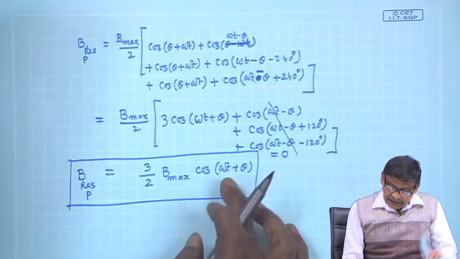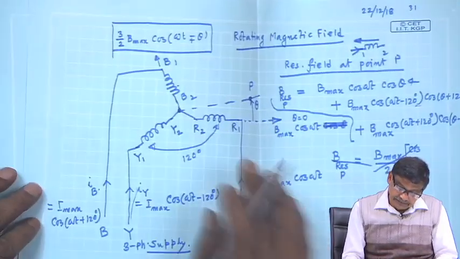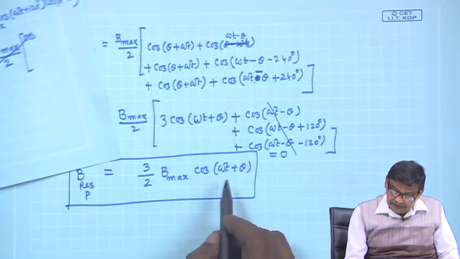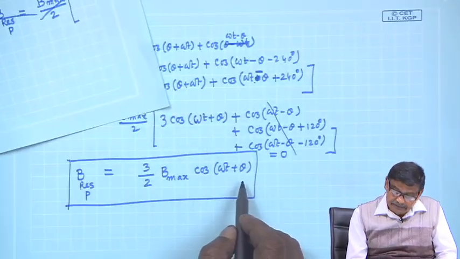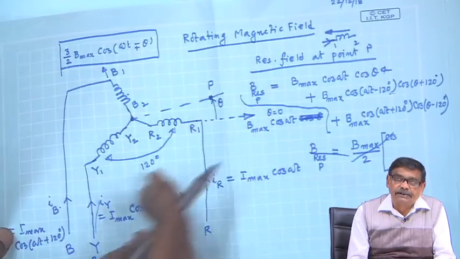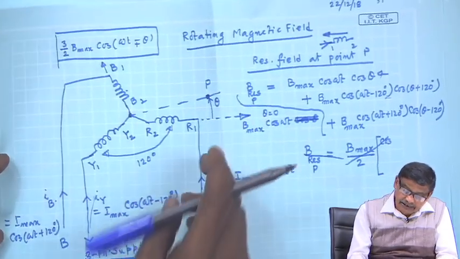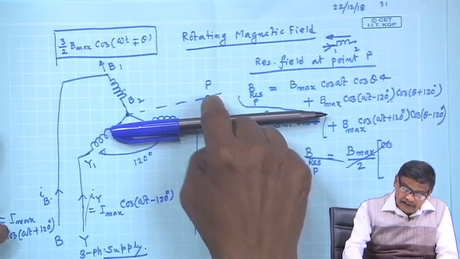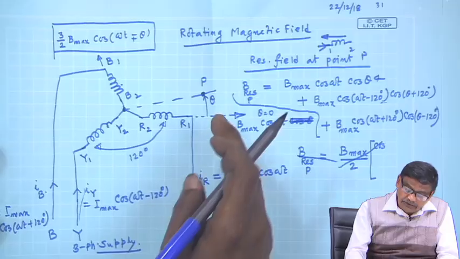Now, we get a plus sign here. What does this mean? It means it is a rotating field, but moving in the negative direction of theta. Okay. At theta equal to 0 it was here, and it will be moving.